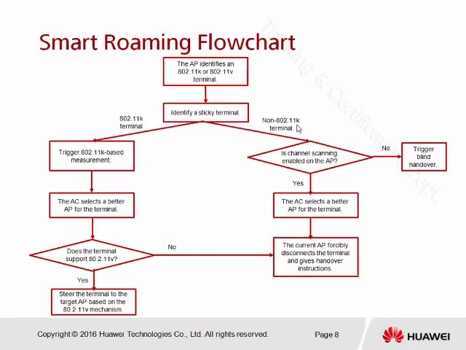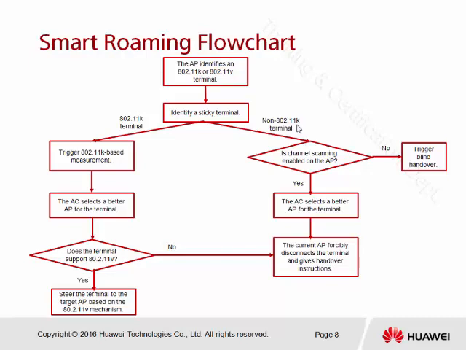The air scanning has to be enabled on the AP. If air scanning mode is not enabled on the AP, it automatically triggers the blind handover. That means they temporarily stop the AP connection with the client and see whether the client will associate with a new AP or not.